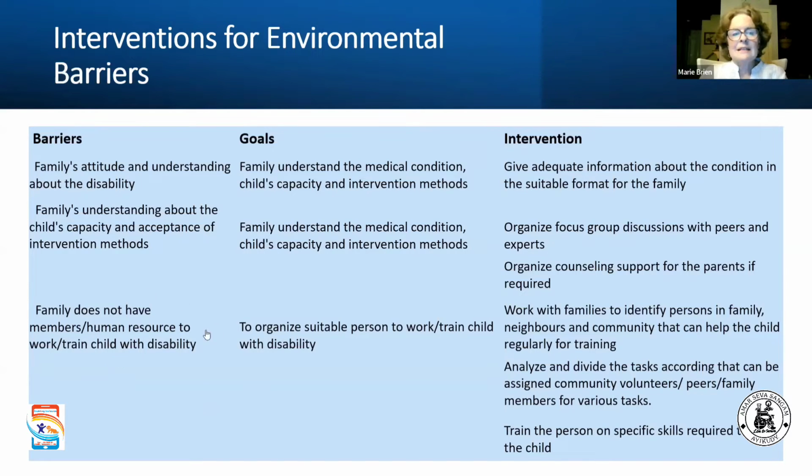If we look at the family needing help within the home, we try to work on organizing those tasks within the neighbors, the community, training a specific family member or person that's within their circle of care. So we really work on those specific barriers that have been identified.